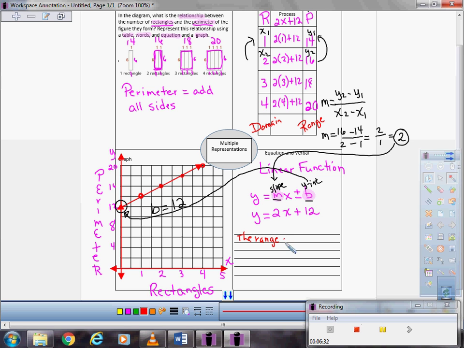equals, or is, you can use the word is, 2, just write out the word 2, times, this would be multiplication here, so times the x. Well, the x is your domain. So times the domain plus, put the word plus, 12.